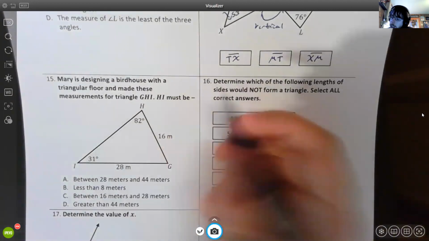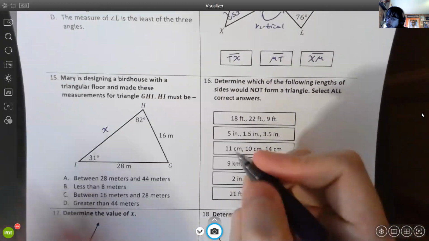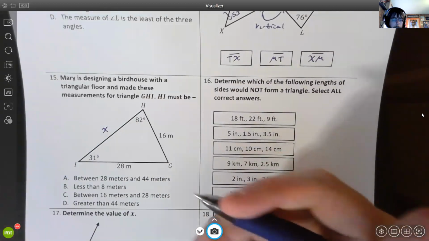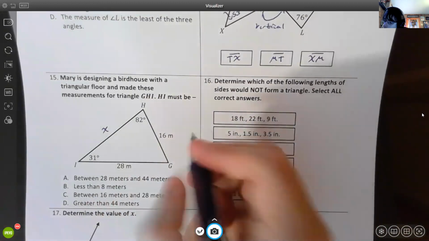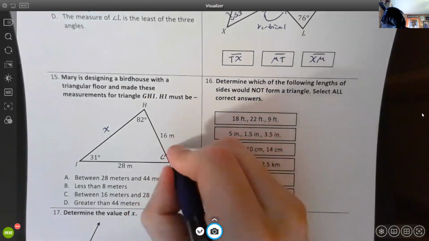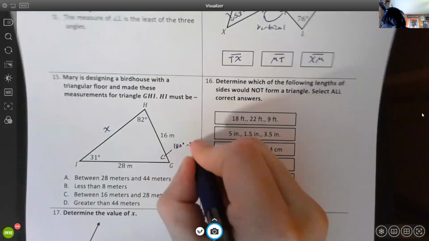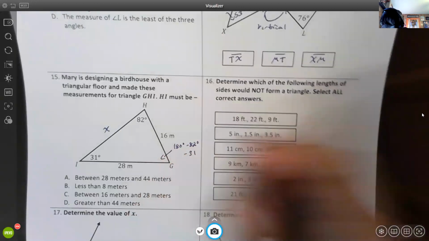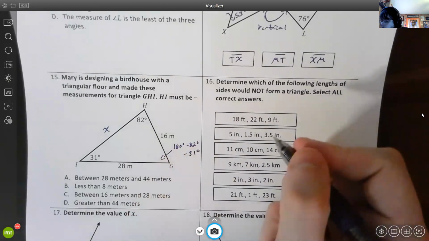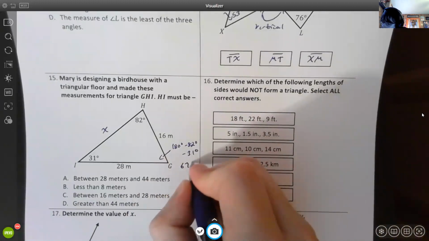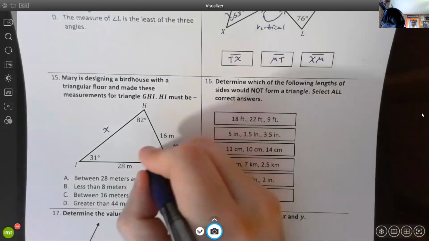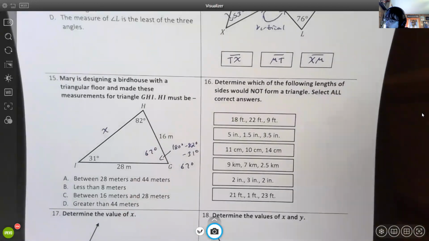So you're looking at HI, and this is actually an ordering problem in disguise. So first, we need to figure out all of our angles. So angle G is going to be 180 minus 82 minus 31. And when you do that, you end up with 67. Okay, so this angle is 67.